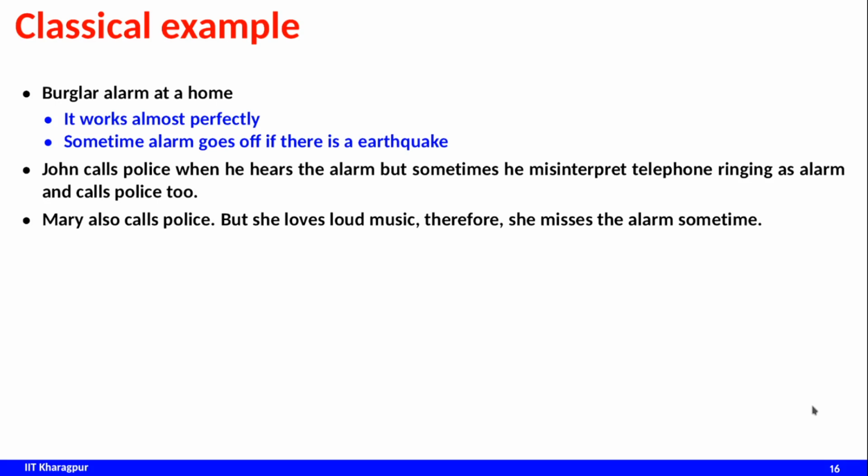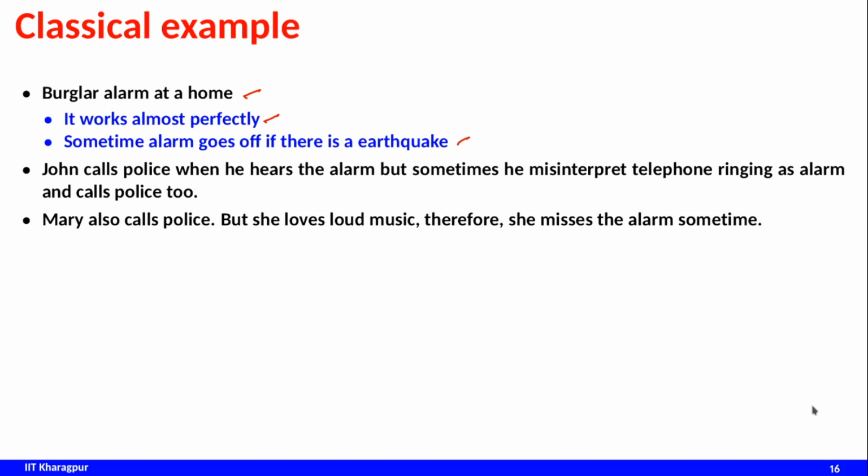The information that is given to us is that there is a burglar alarm at a home, and it works almost perfectly. Sometimes the alarm goes off if there is an earthquake also. So that is from the alarm side. There are two neighbors.